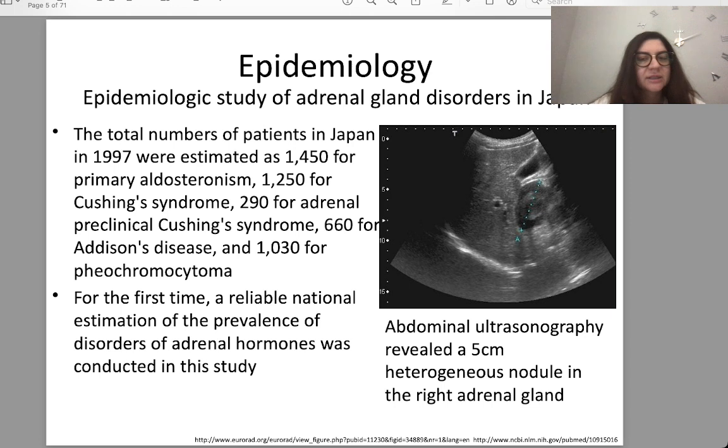You see that these are not very common disorders, unlike, for example, diabetes mellitus in the previous lecture, or thyroid gland disorders, when every 10th, every 15th adult person in the world can have this disease.